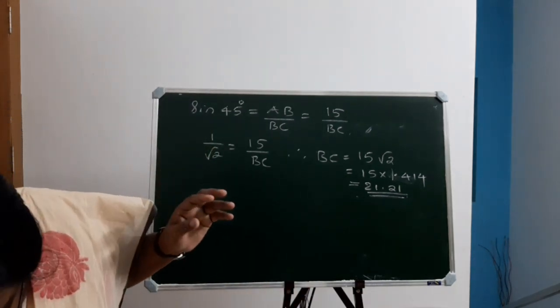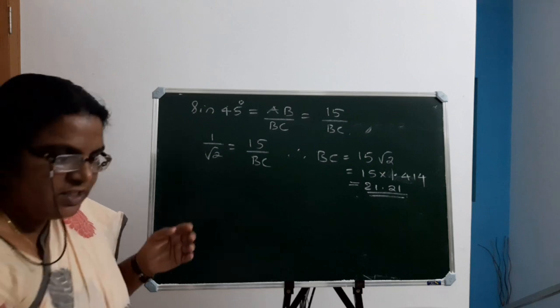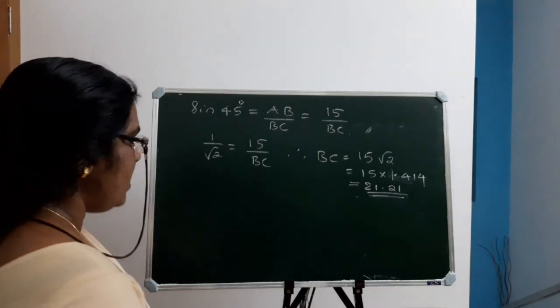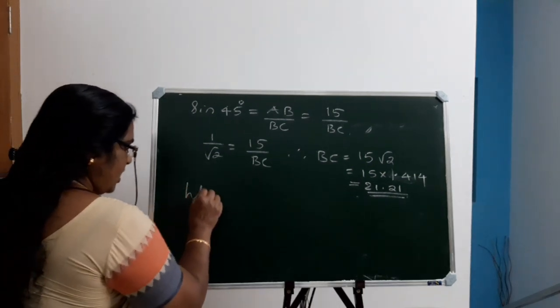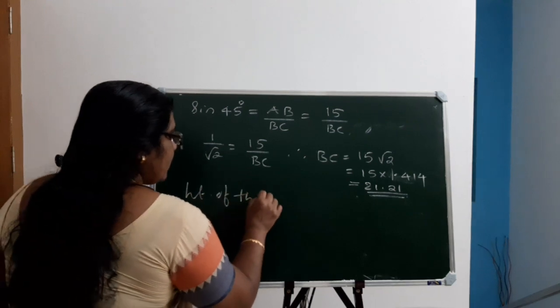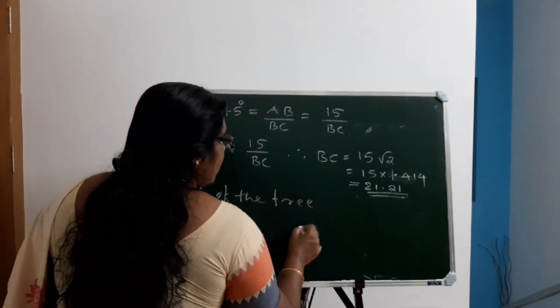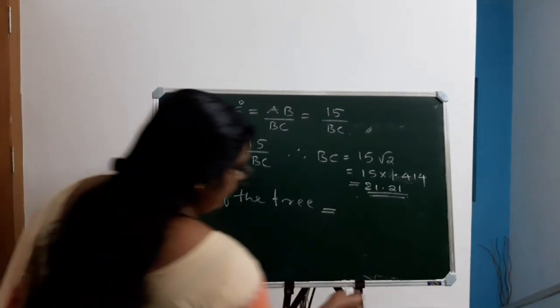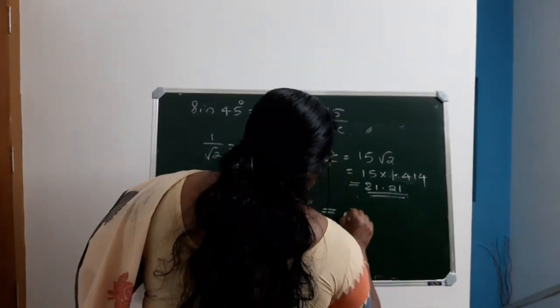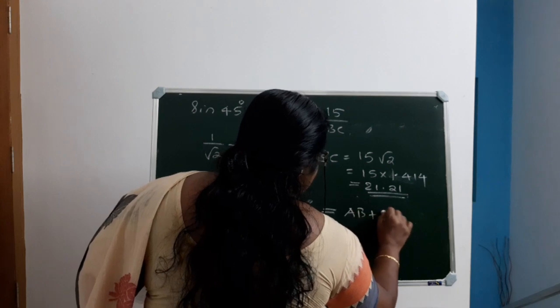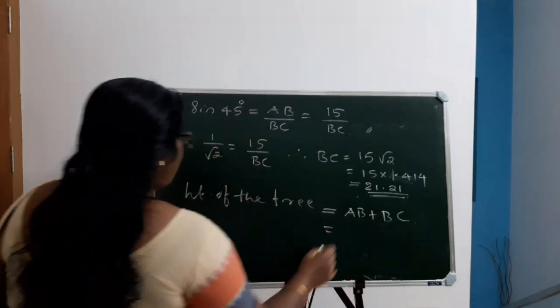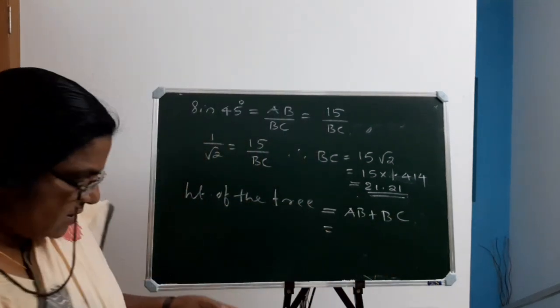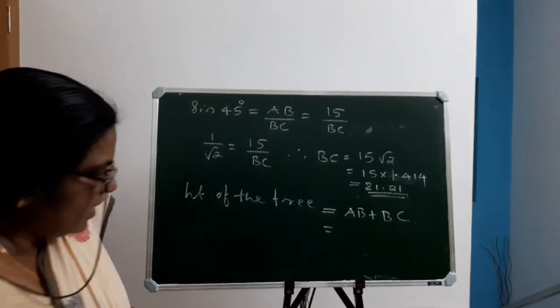So the next, final answer is: what was the height of the tree before it was broken. We can write the height of the tree before it was broken is equal to, in our diagram, AB plus BC. So BC is 21.21.